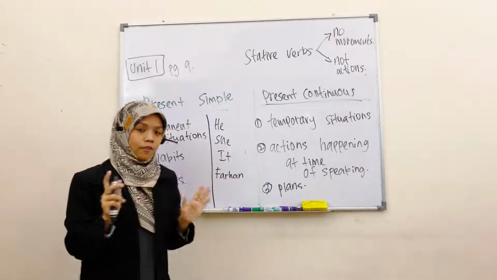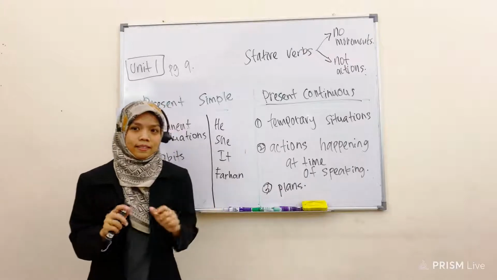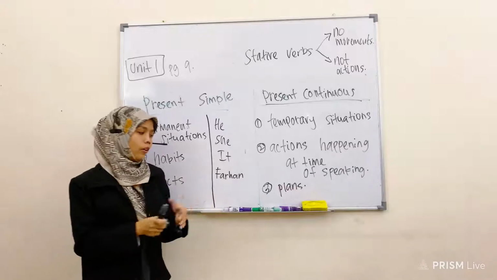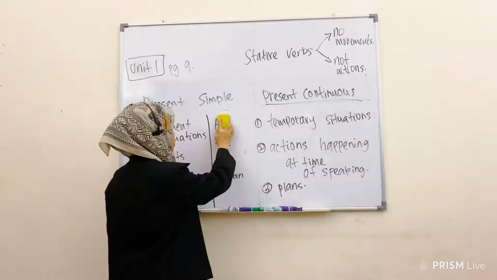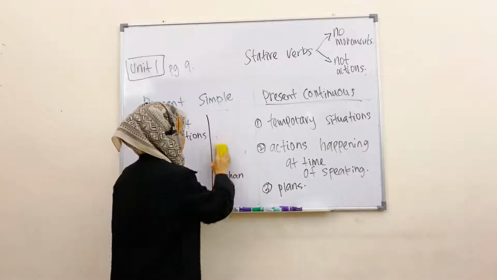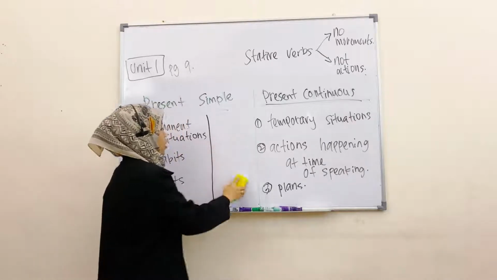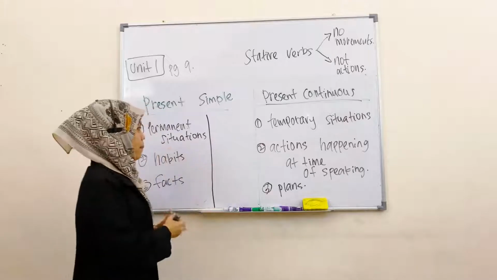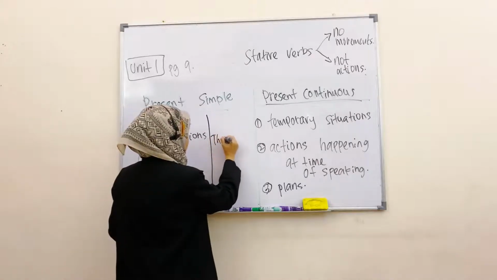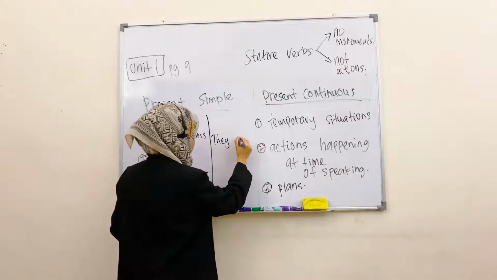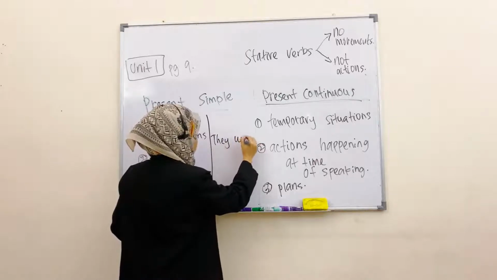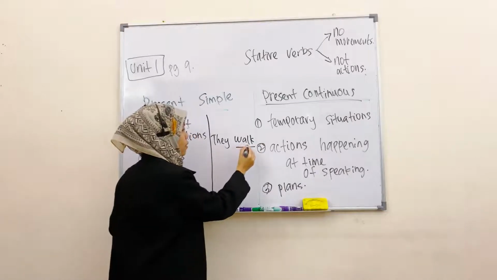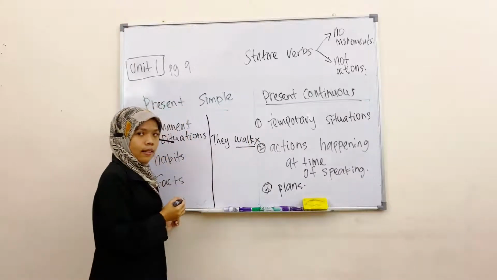So far so clear? Understand? How about the plural? For plural subjects, you don't have to put S on the action. For example, they walk. The verb, you don't have to put S here.